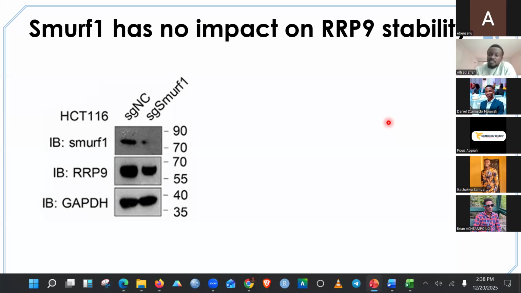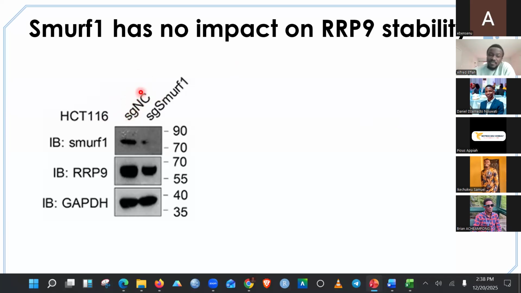When we delete SMURF1, what will happen to the levels of RRP9? Is it going to increase or is it going to decrease? So that's what they wanted to find out. Here, they wanted to know whether SMURF's interaction with RRP9 leads to its degradation. So here too, they used CRISPR-Cas9. This is our negative control.